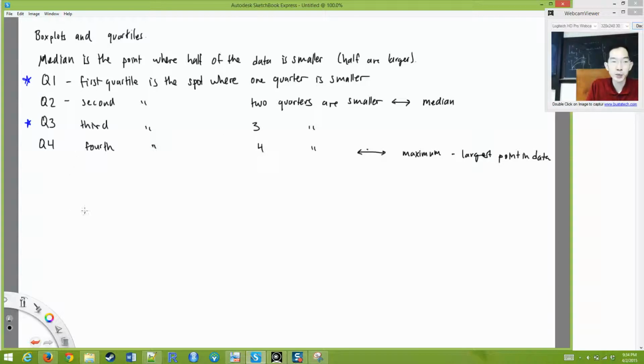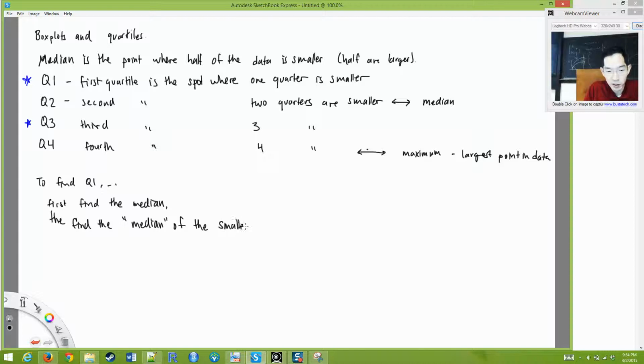So to find Q1, essentially you're going to first find the median, then take that, split your list in half, and then find the median of the smaller half of the list.